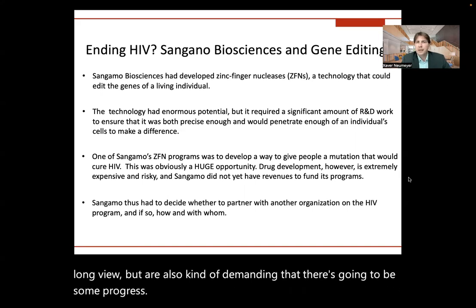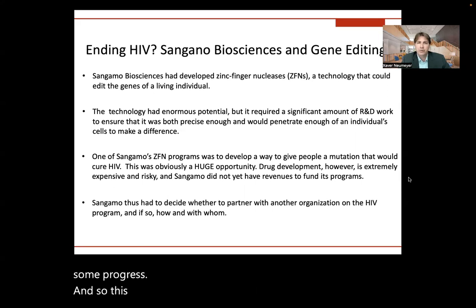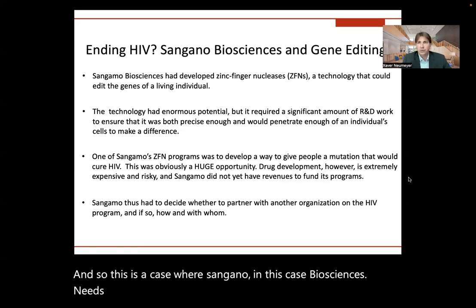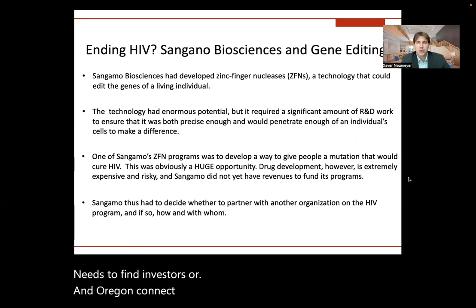And so this is a case where Sangamo Biosciences needs to find investors and or connect with other partners to build this. And we've seen this as well, right?